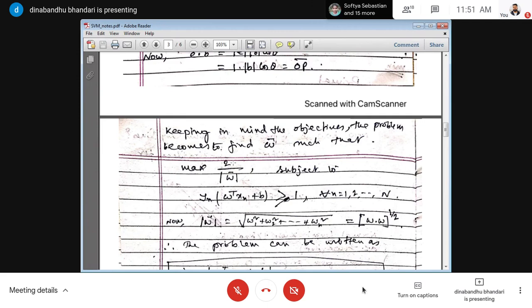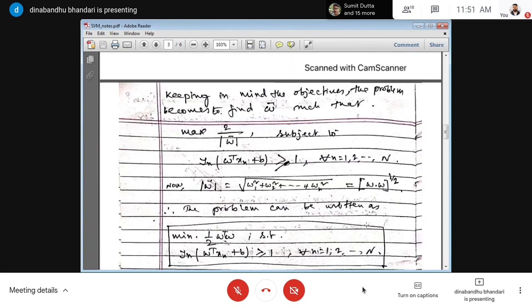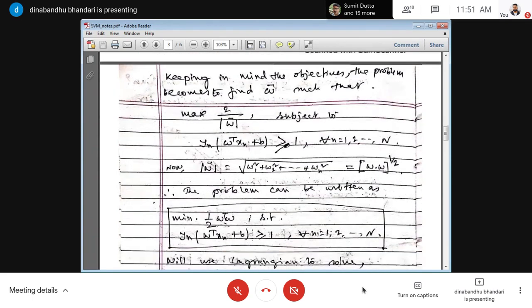So instead of minimizing norm by 2, we will minimize norm square by 2. Now, norm square is nothing but W transpose W or W dot W. That is why the same problem becomes minimization of half, taking the reciprocal, and instead of minimizing the norm, I minimize the norm squared.